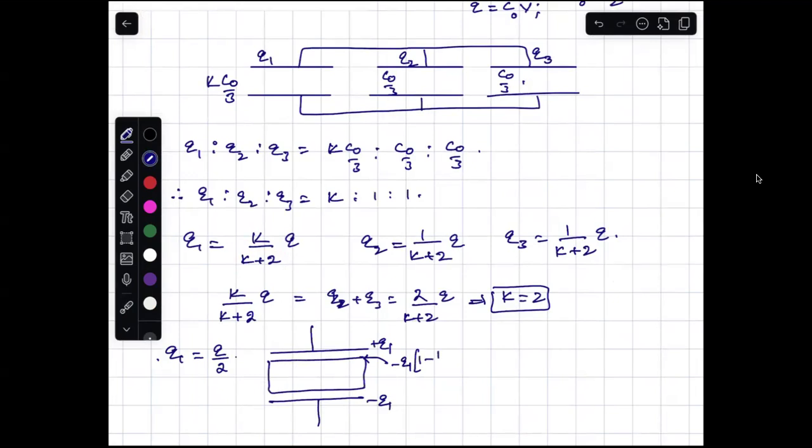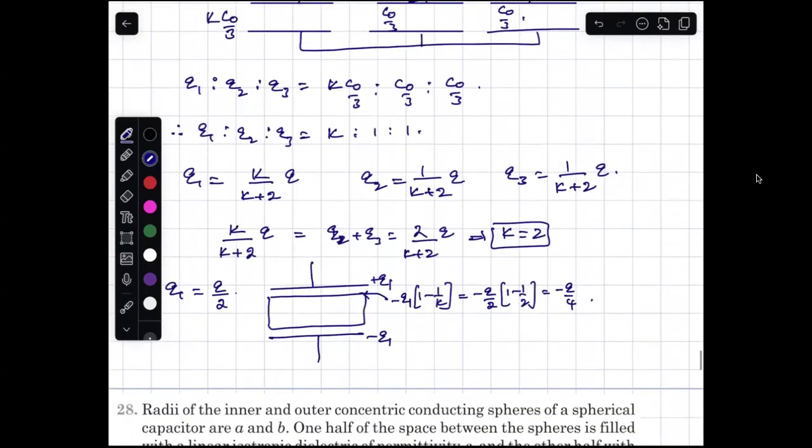Minus Q1 times 1 minus 1 by K. This is nothing but minus Q by 2 times 1 minus 1 by 2, which is nothing but minus Q by 4. So at this point, the charge is plus Q by 4. Plus Q by 4 is nothing but C naught V by 4. Agreed? Any doubts?